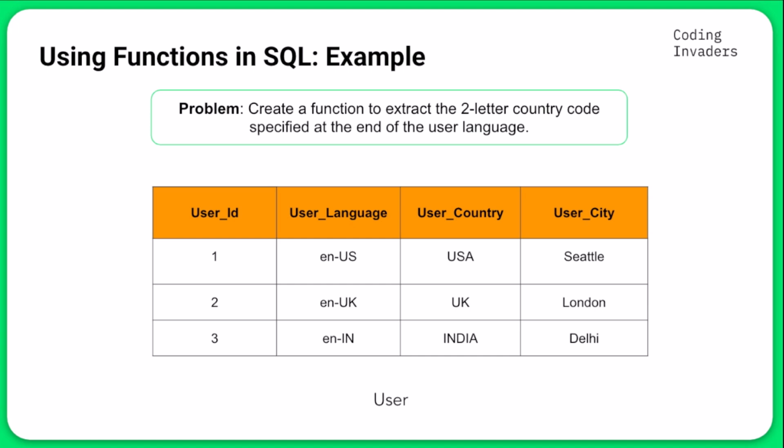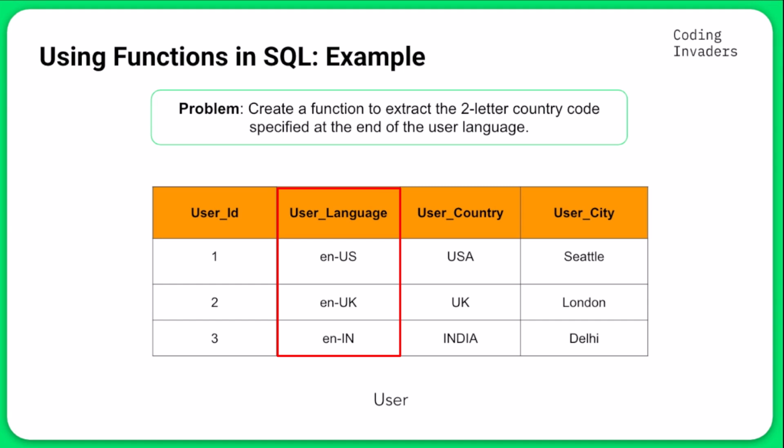Here, the problem statement is to create a function to extract the two-letter country code specified at the end of the user language. In the user table, we have user ID, user language, user country, and user city. In user language, you can see EN-US, EN-UK, EN-IN.